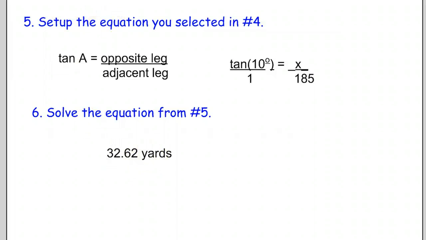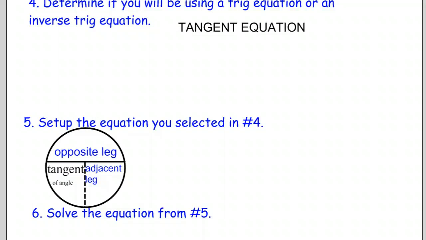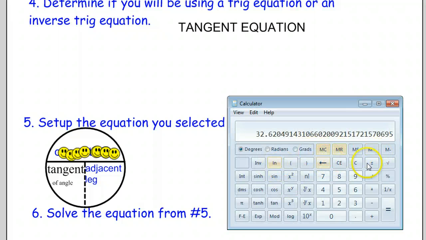Now, for those of you who want to use the circles, let me show you how. Here we have the tangent circle. Since I'm trying to find the opposite leg, I cover up the opposite leg in the circle, and it says to find the opposite leg, take the tangent of the angle and multiply it times the adjacent leg, which was 185.